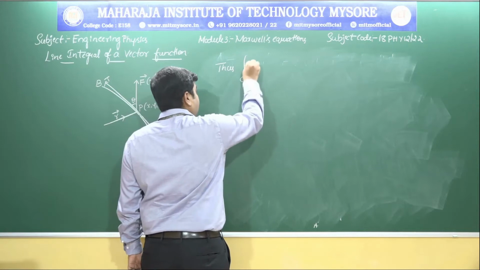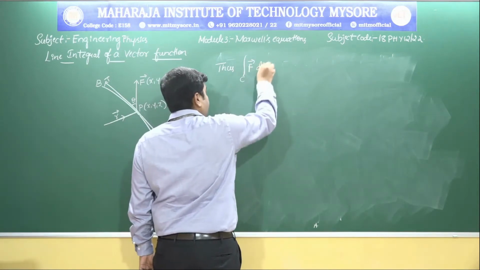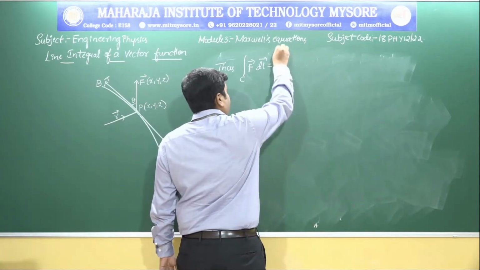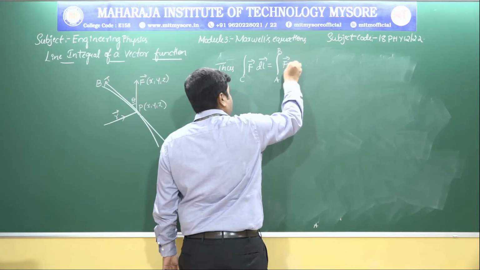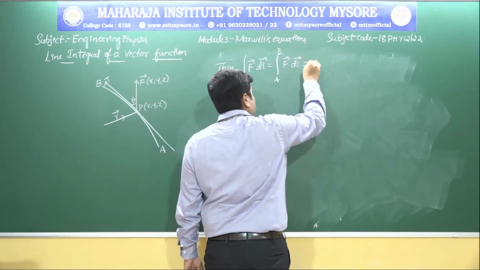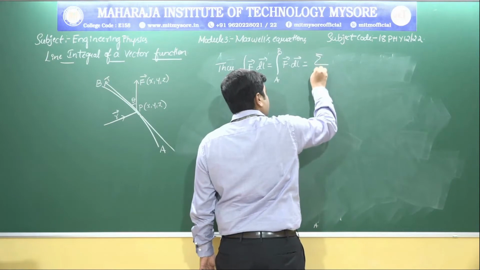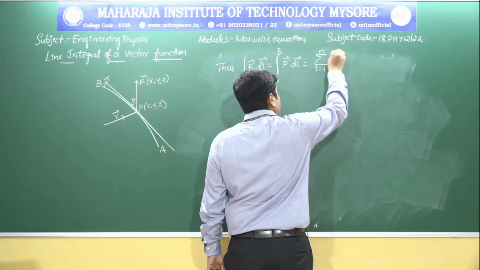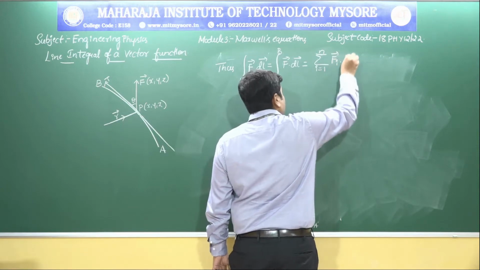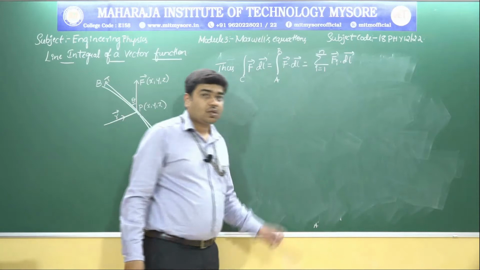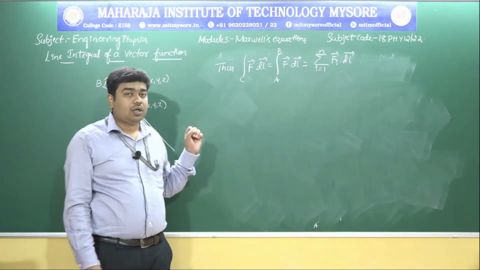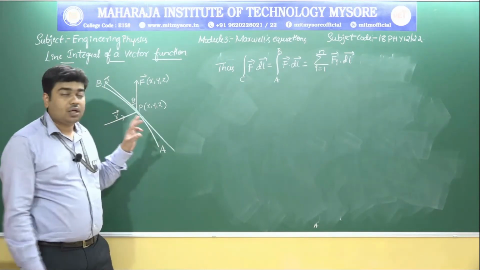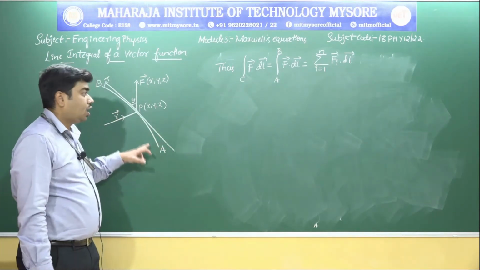That is, integral over C of f dot dl is equal to integral from A to B of f dot dl, which is equal to summation i equals 1 to n of f_i dot dl. This is the equation for the line integral for any curve. In particular here, this is the equation of the line integral for the curve AB.